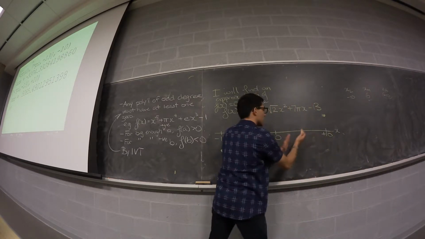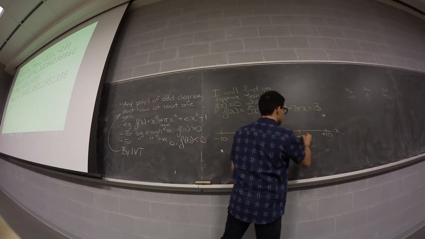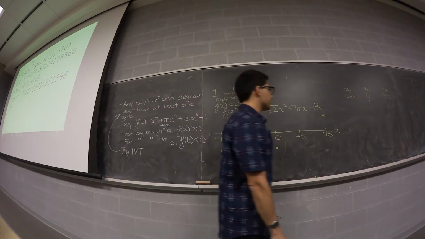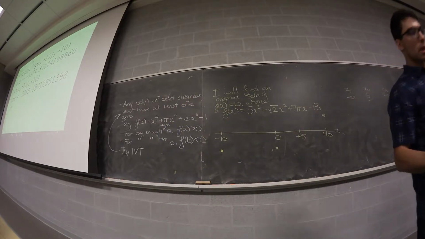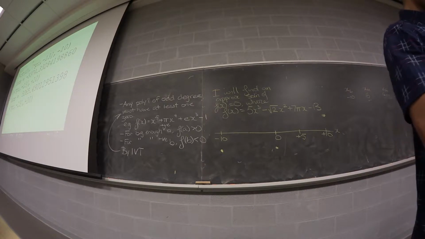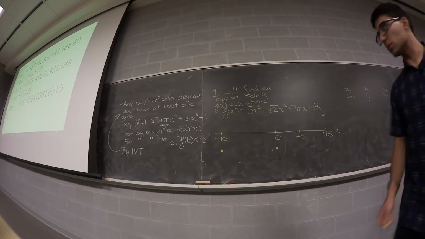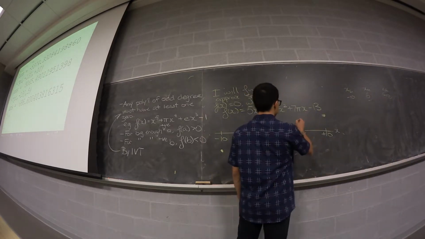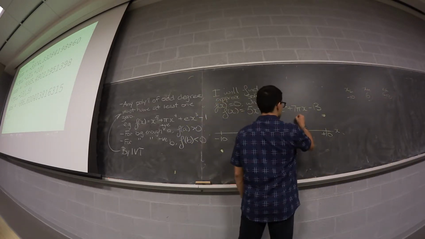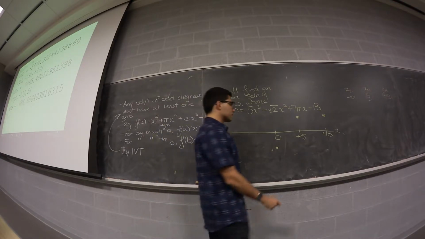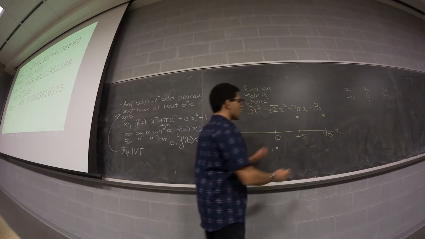Now I take that and I bisect that. So now I evaluate this thing at 5, and I get a positive number. So I'm up here somewhere. Again, we don't care about this guy anymore.